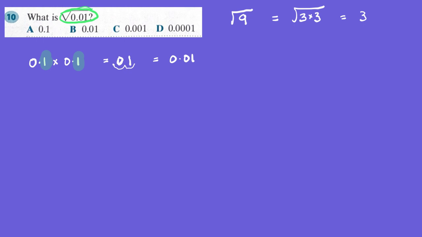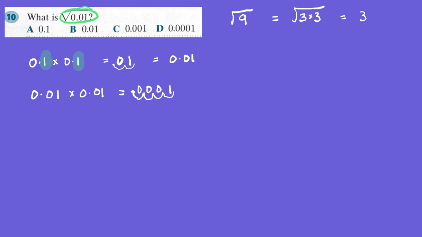So if I went to B and I did 0.01 multiplied by 0.01, I have to move my decimal place 4 places. 1, 2, 3, 4. And so my answer would be this, and that's not what I want.